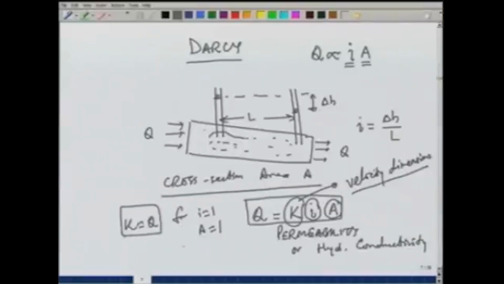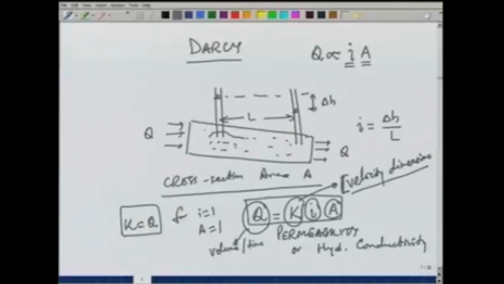And what it tells is that if hydraulic conductivity is higher, then we will have more amount of flow from the soil for any given hydraulic gradient or given area. Now, if we look at the value of K, we say that it has a velocity dimension. The Q is the amount of flow which is in terms of volume per unit time.